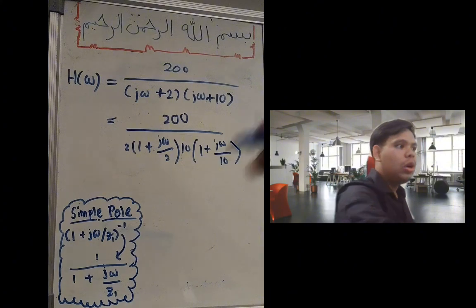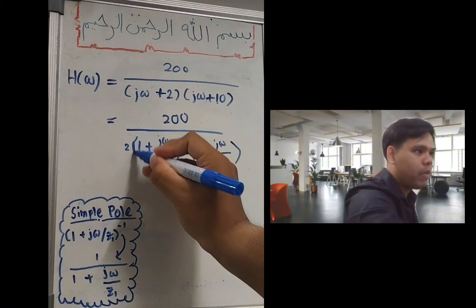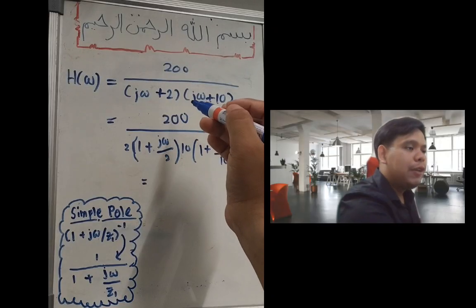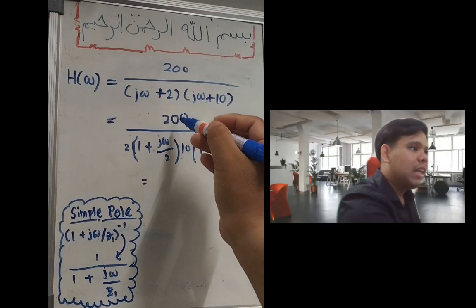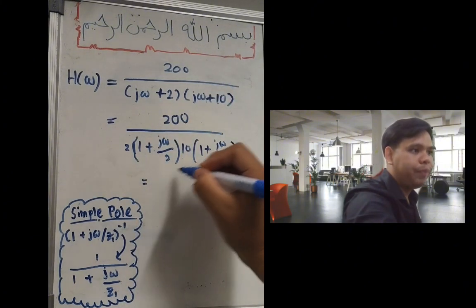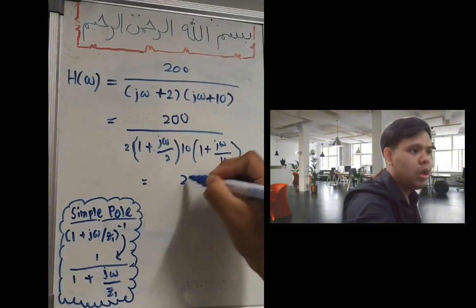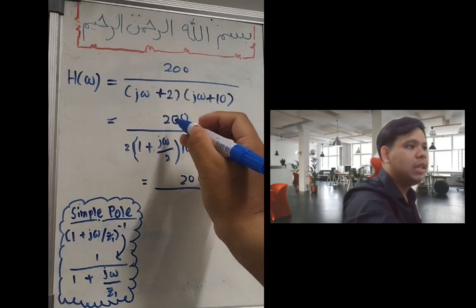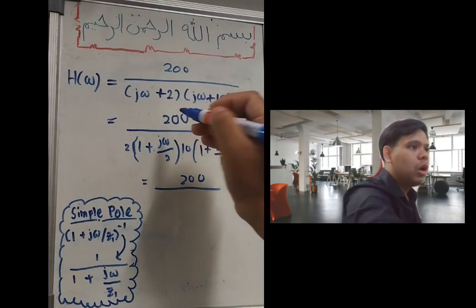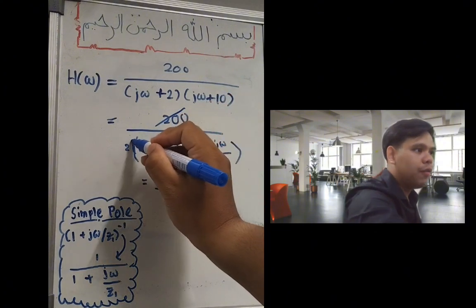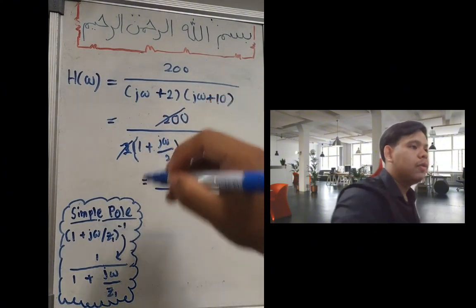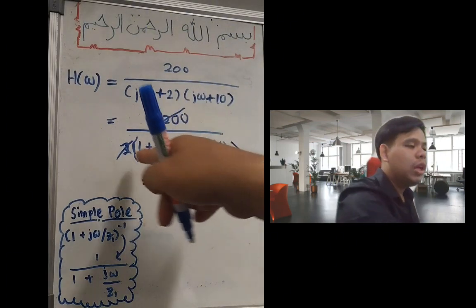Okay, so this is the first step, using the simple pole. Now we must divide 200 by 2.